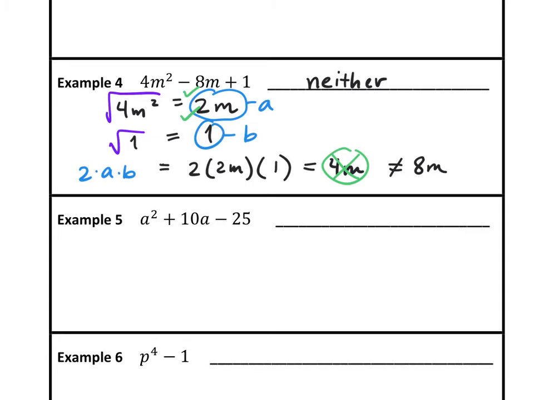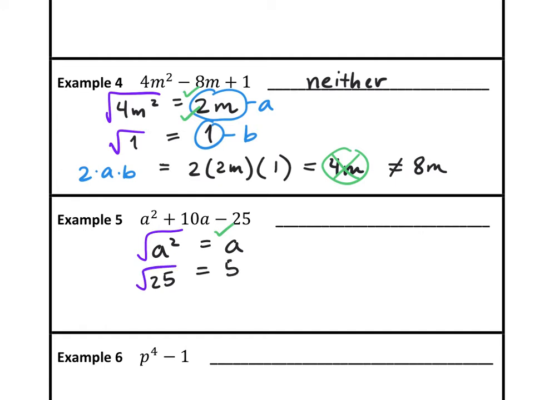All right. Example 5. This could possibly be a perfect square trinomial. But actually, let's do the steps. Check the first term. Can I square root the first term? Yes, check. Can I square root the 25?